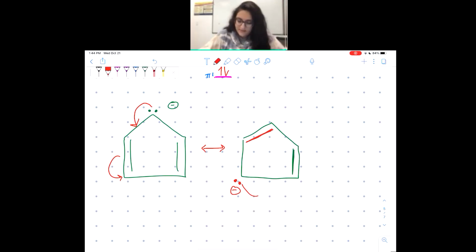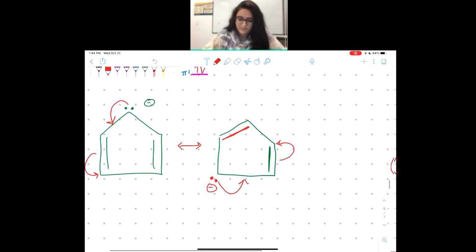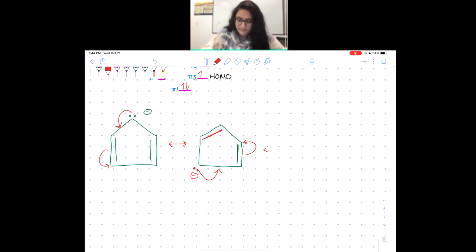And then we are going to move these electrons like so. And now, at this point, we have pretty much changed the orientation of all of the electrons, right? Because it's flipped.